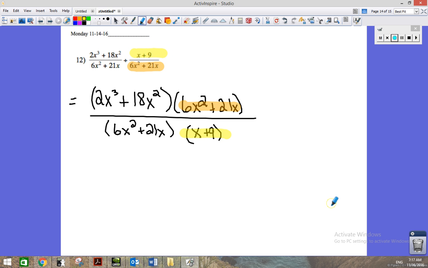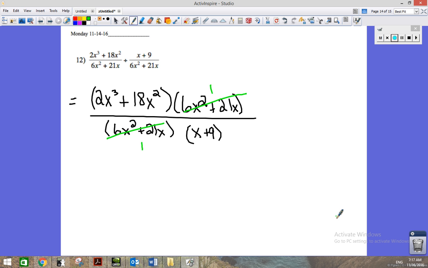Alright, so now we need to see, well, does anything cancel here? And boy, we sure see that something cancels, so it'll save us a little bit of time. We don't have to try to factor it. We could reduce it, but why? You know, we can see that it's going to reduce, or I hope you can see it, that I have the number 6x squared plus 21x divided by that same number.